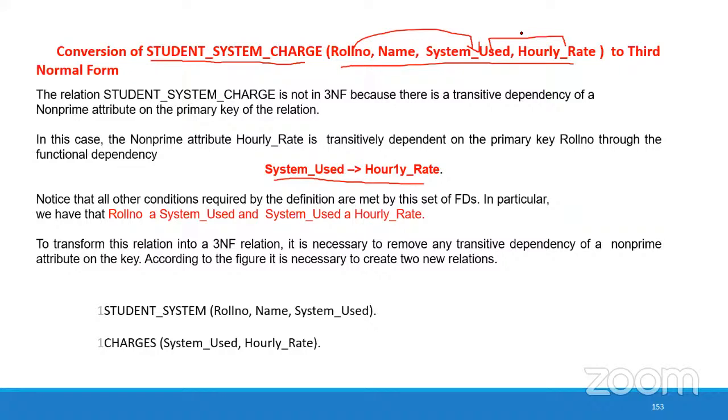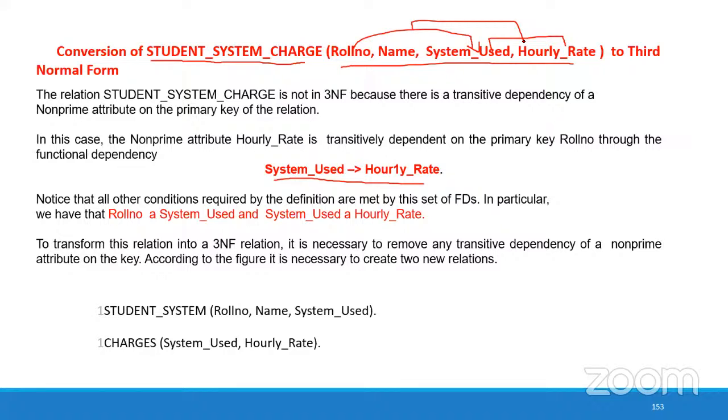So this is another dependency. We have two functional dependencies, and from these two it allows the transitive dependency. Hourly rate is transitively dependent on roll number, so we have to avoid this in this relation schema.